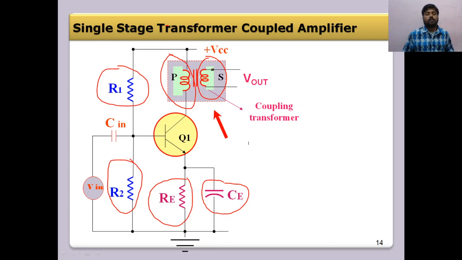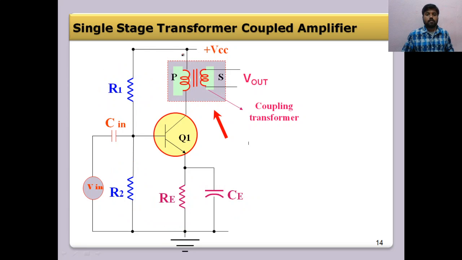So the collector resistor RC and coupling capacitor CC are both replaced with the transformer. That is, the primary is replacing the RC and the secondary is replacing the CC. So here we are using only a transformer instead of the resistor and capacitor. So it is called a transformer coupled amplifier.